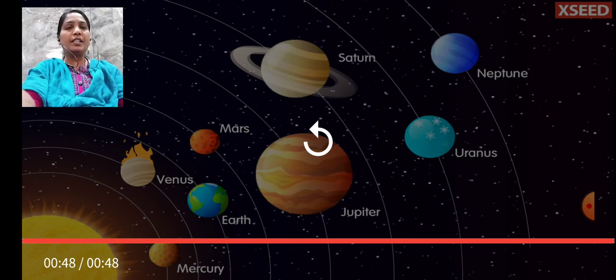Jupiter is a very big planet. Like this, each planet has some special identifications, right?